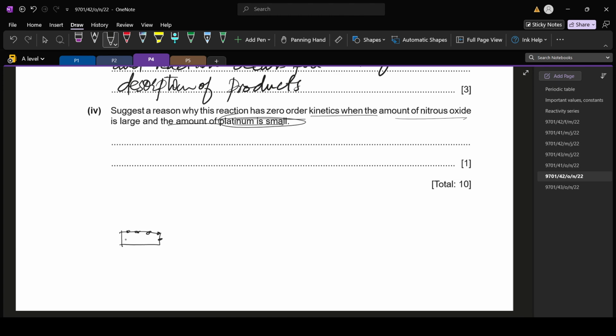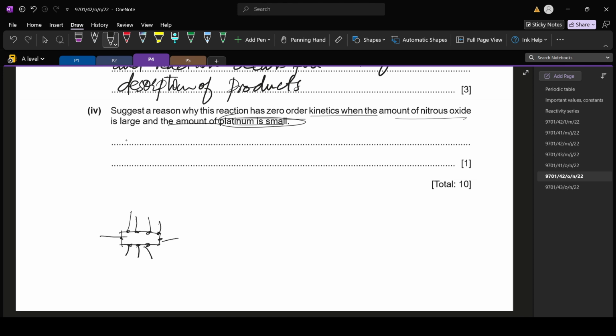The amount of nitrous oxide is large, so all these active sites will be occupied by some particles of nitrous oxide, but the others will not have access to these sites, so the catalyst will not work efficiently.